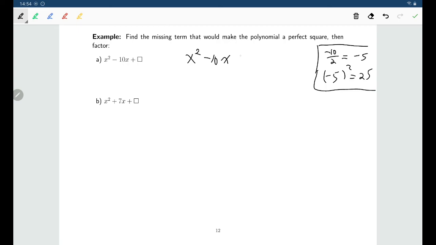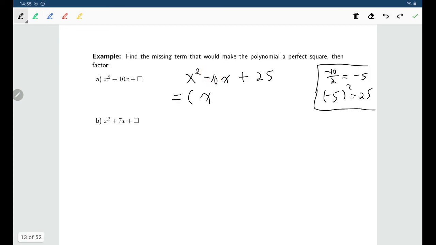So 25 is the constant that we need, taking our coefficient of x, cutting it in half, and then squaring it. And as far as how that factors, it factors as x with half of this coefficient, so x minus 5 squared. And in fact, you can check that if you were to multiply out x minus 5 times x minus 5, you would get x squared minus 10x plus 25.